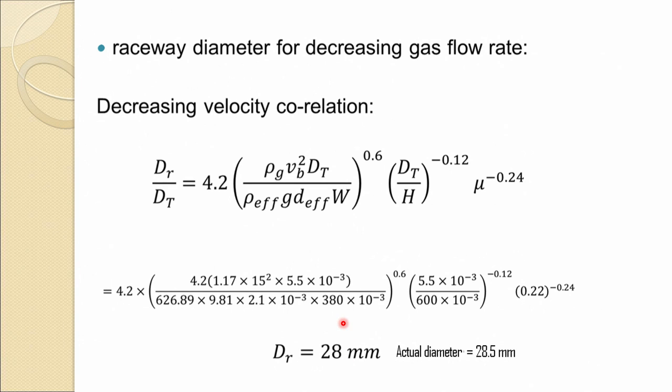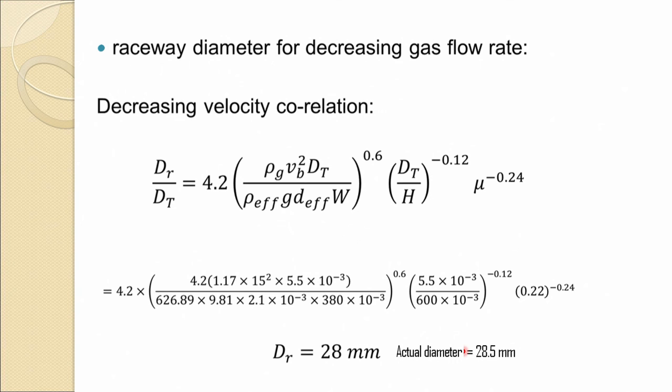The same thing we can do for the decreasing gas flow rate. So, under the decreasing velocity correlation, of course, you have different indices. Again you can substitute the appropriate values which are given in the example, and one can then calculate the Raceway diameter about 28 millimeter, and the actual diameter is 28.5, again a very close match.